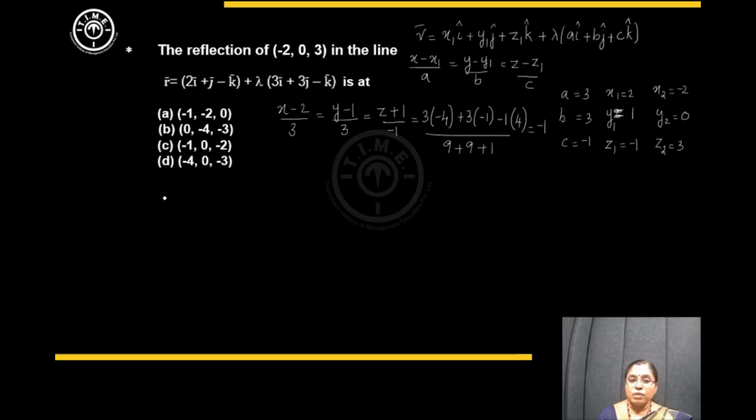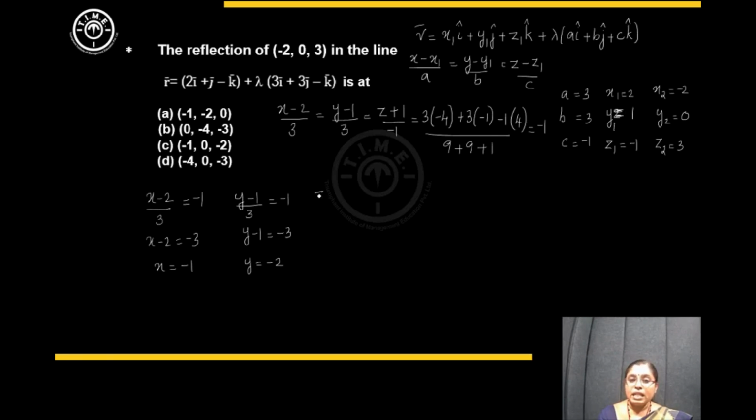So to find the foot of the perpendicular, I'm first going to equate (x minus 2) by 3 with negative 1. So what do we get? x minus 2 equal to negative 3. So x is negative 3 plus 2, which gives you negative 1. Similarly, (y minus 1) by 3 is negative 1, so y minus 1 equal to negative 3. So y is equal to negative 3 plus 1, which gives you negative 2.